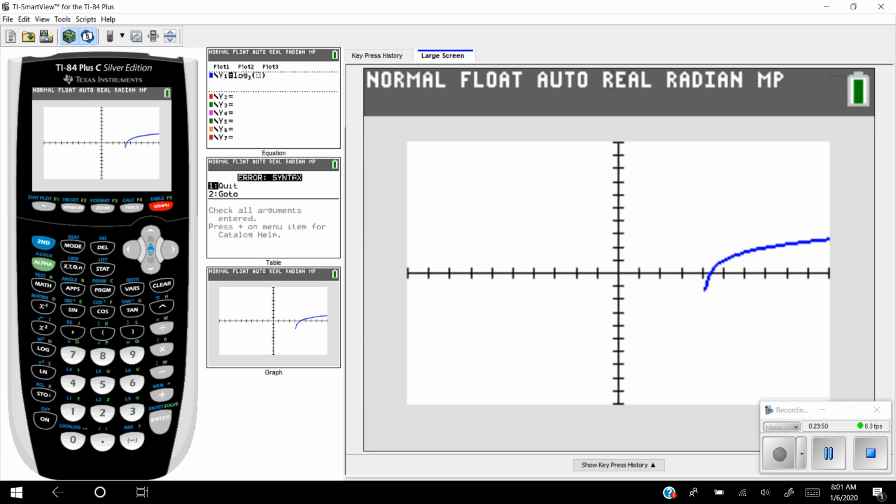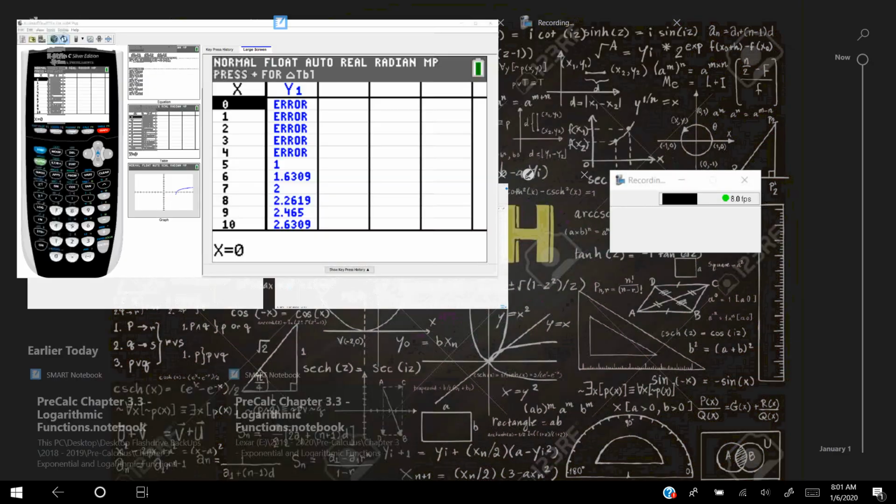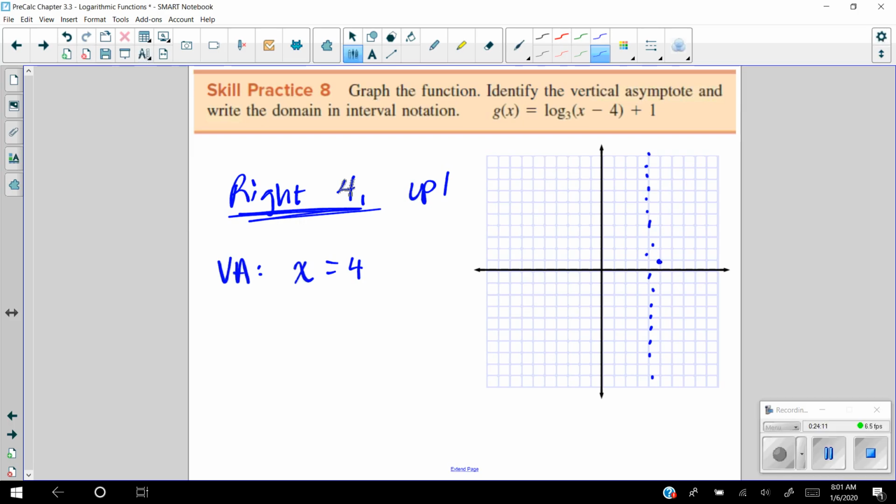And we can see the shift there. And again, the base here is 3, which is more than 1. So this should appear to be a growth style function. So if I go second graph, I can get some points, 5, 1, 7, 2. Looks to be nice. Follow your asymptote, put arrows on the ends of your graph.